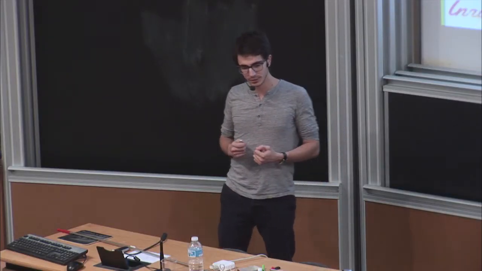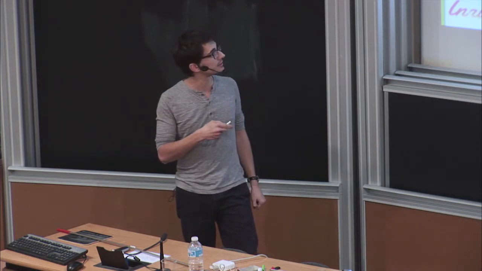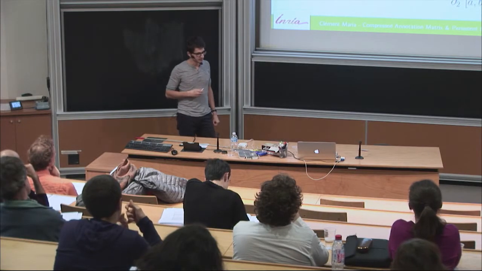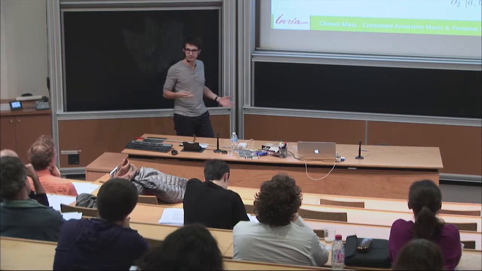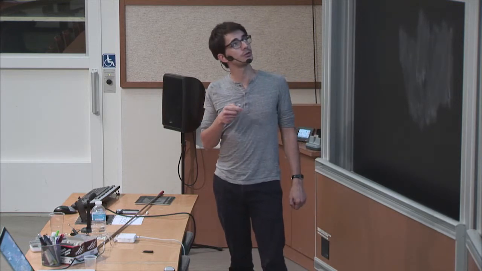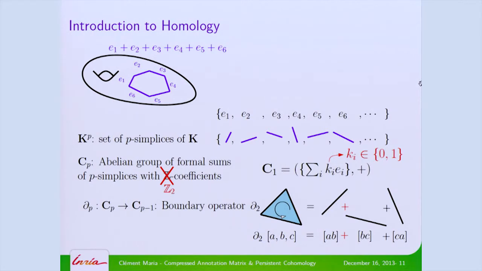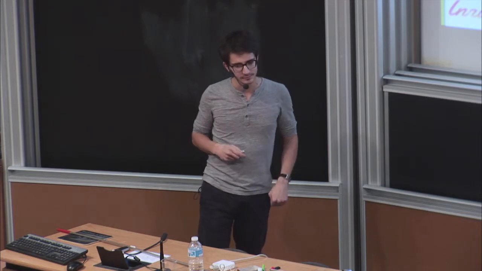For the presentation, I will consider only Z2 coefficients instead of Z coefficients. Here your coefficients are between 0 and 1, and you have the addition of Z2, because it gives a better intuition. The plus becomes a minus because 1 and minus 1 are the same in Z2. You also lose the orientation in that case, so you have a nice looking loop. And so you have your boundary operator.